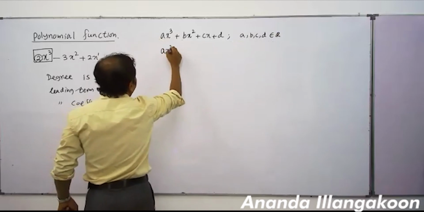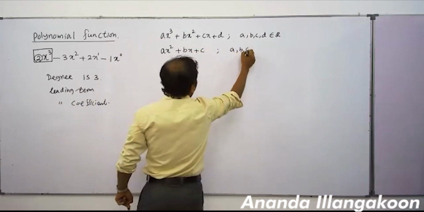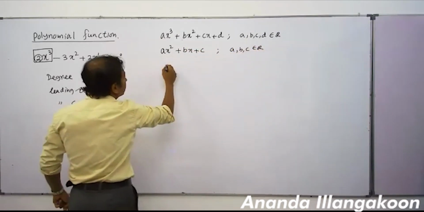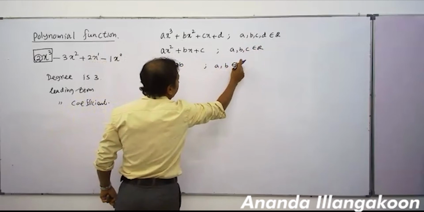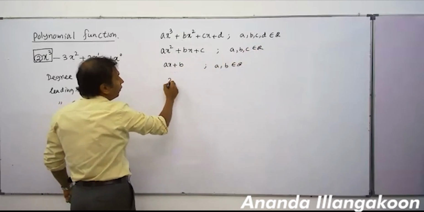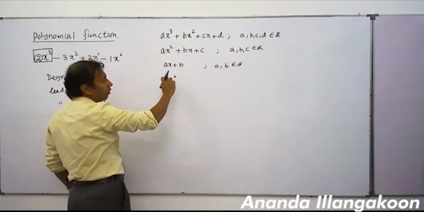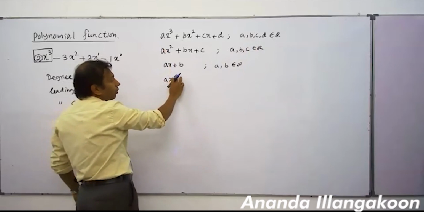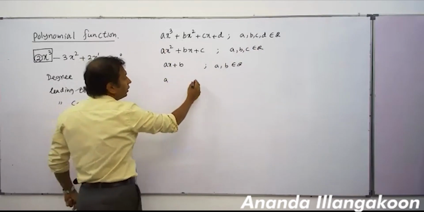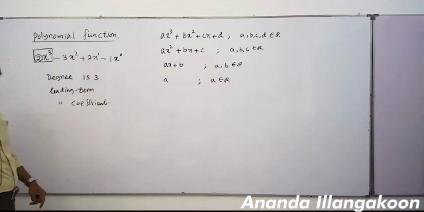The second degree one we can write as ax squared plus bx plus c, where a, b, c are real numbers. The first degree one we can write as ax plus b, where a, b are real numbers. The degree 0 one we can write as a constant times x to the power 0. X to the power 0 is 1, no? We assume in this case x doesn't take 0. So I can write only a. This is a degree 0 polynomial function. Any real number is a degree 0 polynomial function.